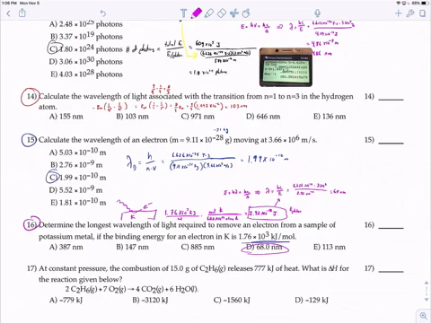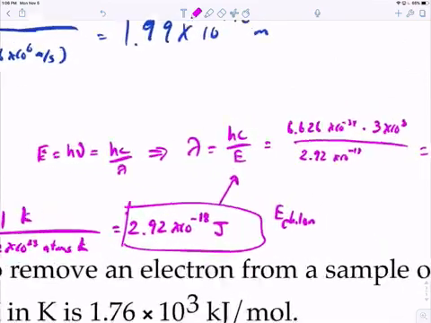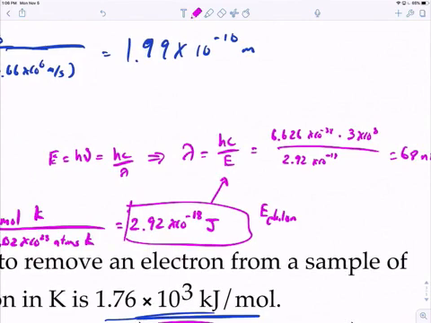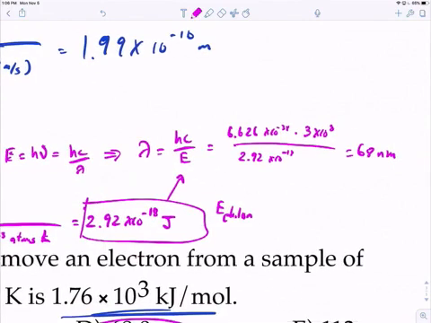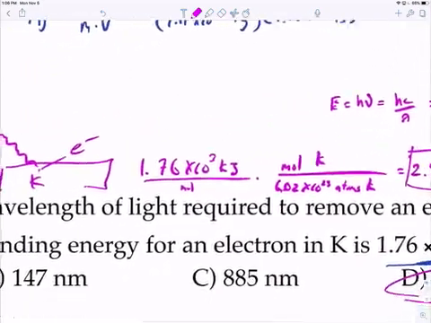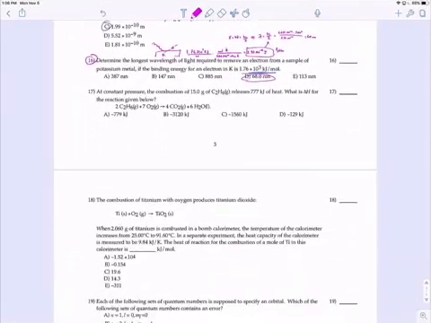So our energy is 2.9 times 10 to the minus 18 joules, and then you can solve for the wavelength using that energy, and we get 68 nanometers. Questions with this one? I got 9 minutes to go through. Come on, zoom out. 3 more, okay.